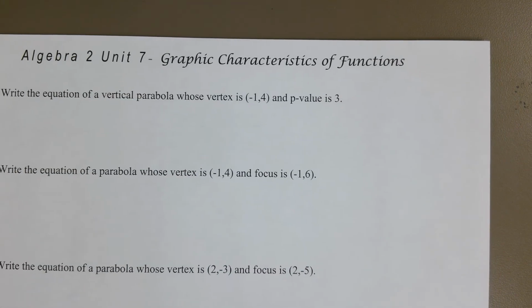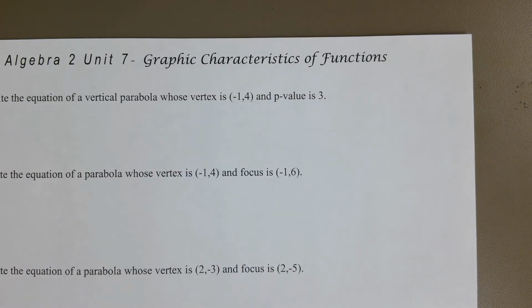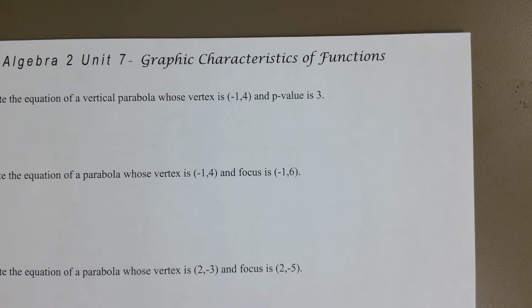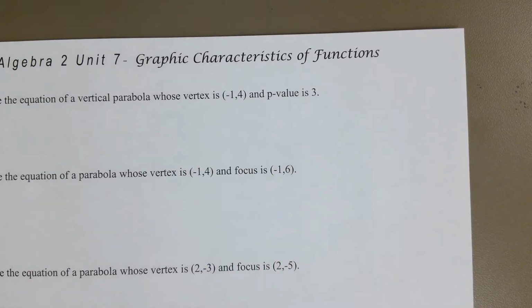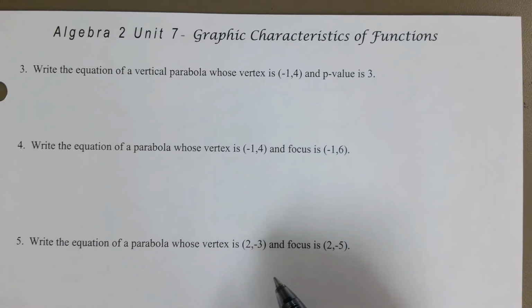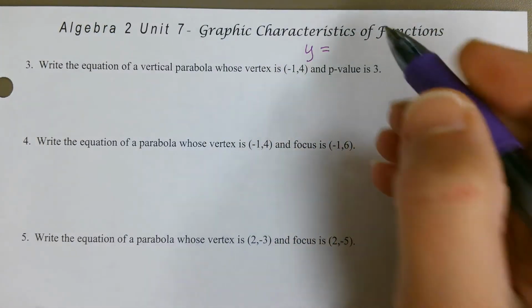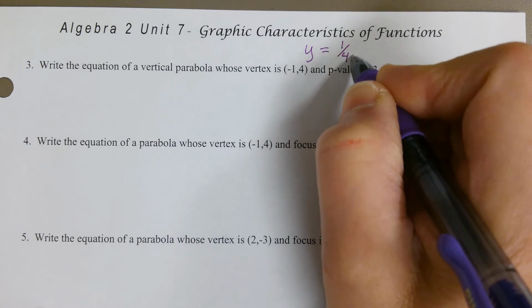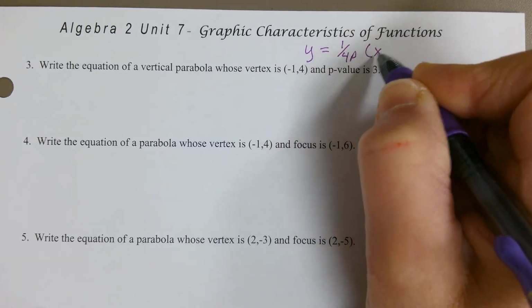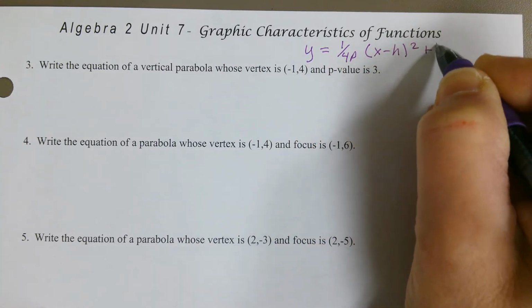Number 3, write the equation of a vertical parabola whose vertex is -1, 4 and p-value is 3. Let's write down our formula of our equation. Y equals 1 over 4p times x minus h squared plus k.